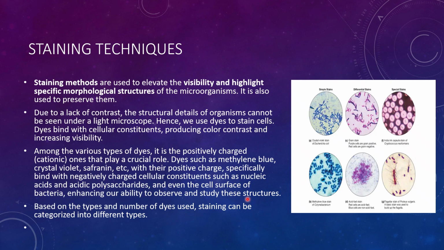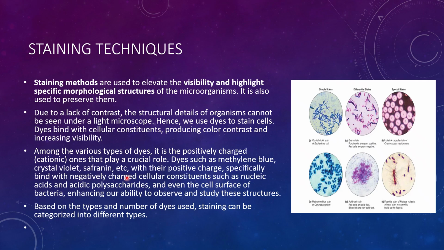In stains also there are many different types. There are positive stains available, and there are negative stains available. Among them, positively charged stains play a very crucial role and we use them mostly. They are also called cationic ones, that is positively charged ones. Examples of positively charged stains or dyes are methylene blue, crystal violet, and safranin.